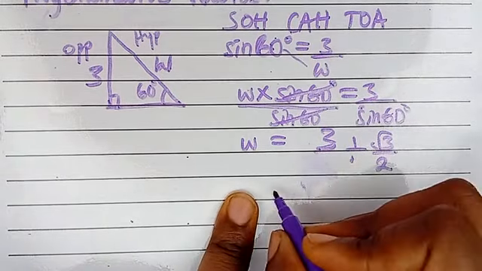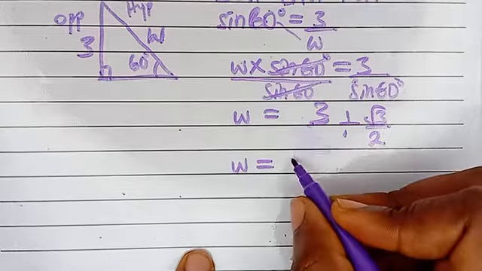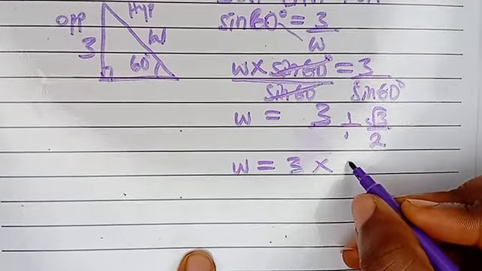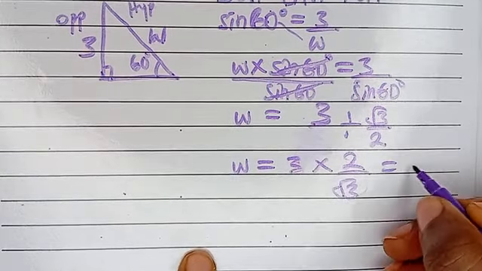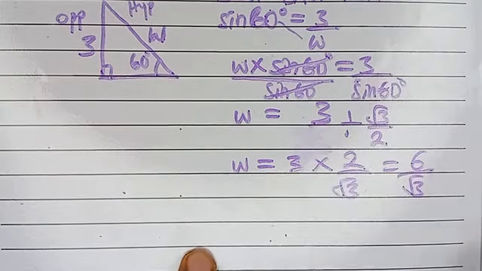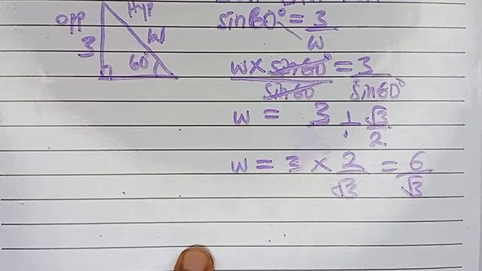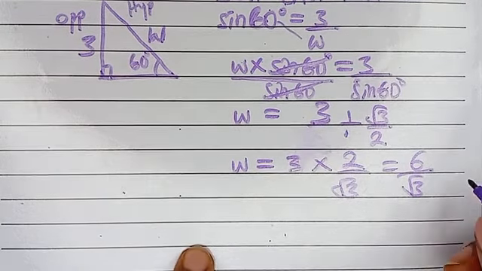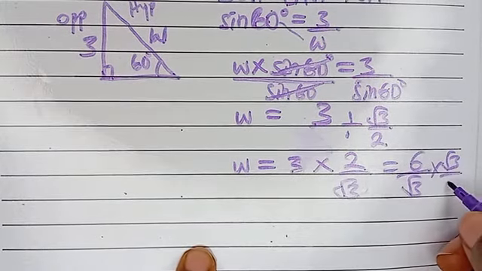When we convert this to multiplication, we have that W is equal to 3 times 2 over root 3. So we see that it's equal to 6 over root 3. Now we can't leave our answer like this, we have to rationalize. In order to rationalize, we have to multiply all through by root 3.